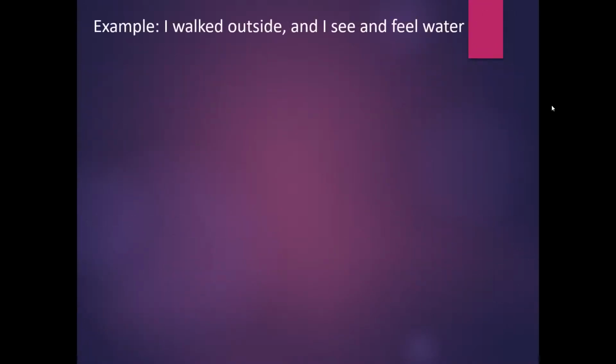So here's our first example. Based off of this sentence, we're going to look into what an observation or an inference could be if you put yourself in this situation. I walked outside and I see and feel water on the ground. So you woke up and went outside and saw and felt water on the ground.